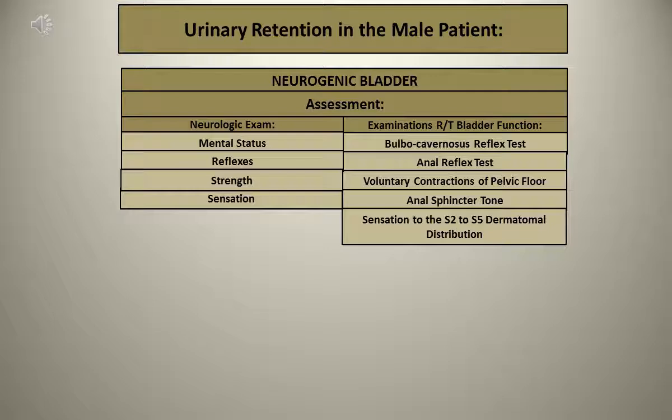This consists of contraction of the anal sphincter when the surrounding skin is stroked. Voluntary contractions of the pelvic floor. Anal sphincter tone and sensation in the S2 to S5 dermatomal distribution, which is in the perianal and saddle area. Imaging studies looking for tumors or other lesions in the brain and spinal cord may also be indicated.